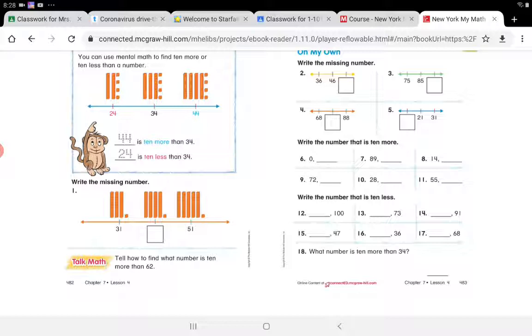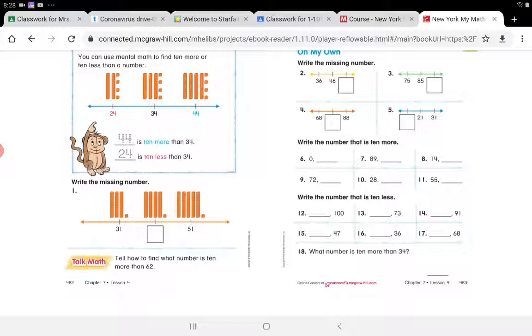Looking at the 10 rods, I see there are 3 tens and 4 ones. And when I look at 44, I see that there are 4 tens and 3 ones. As we said for the Explore and Explain page, remember we do not touch the ones; they stay the same. As you can see, the tens place value is what's growing.